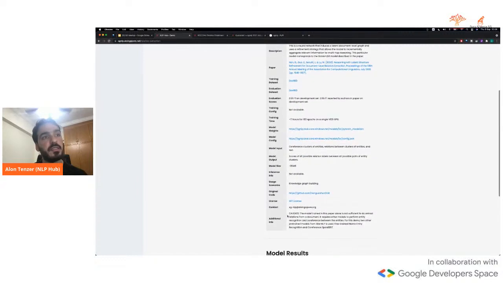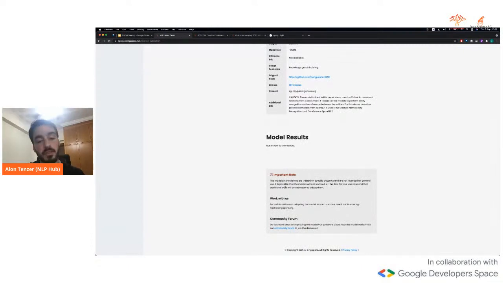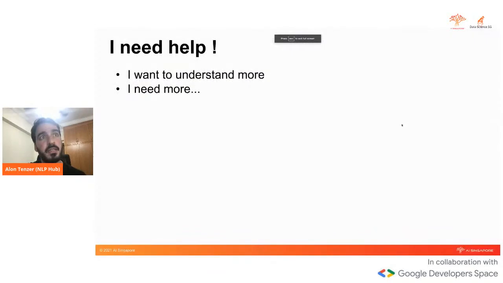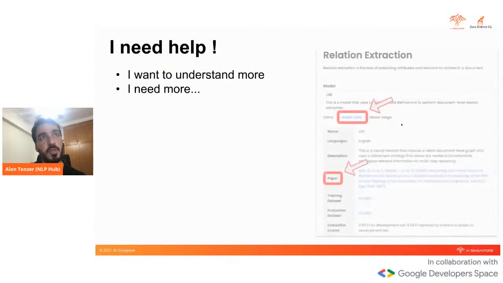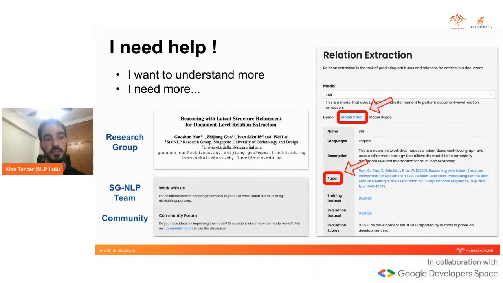The information to contact us is either here or at the bottom of every page on the platform. And we can either strike a collaboration between you, the company, and AI Singapore, to help you implement a model for your specific use case, or you can strike a collaboration with the research group that did this work and ask them to elaborate more to build a specific solution for your use case.